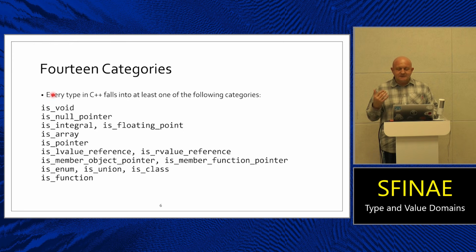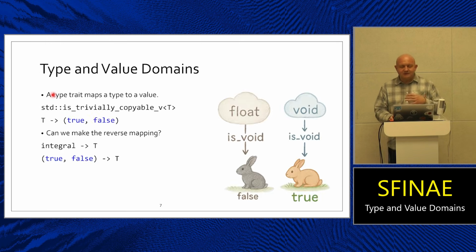And what is that, mathematically speaking? It's a mapping, a function from the space of all types to the set of true and false. And every type trait is a mapping from types to values. For example, std::is_trivially_copyable_v of T takes the type T and returns either true or false.